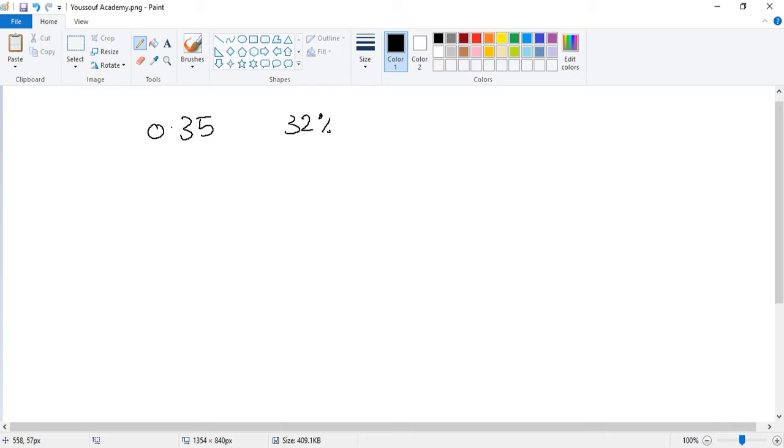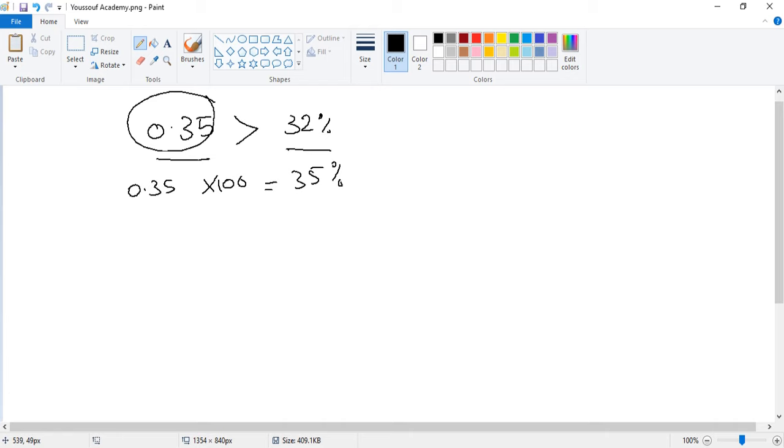Yeah, which one is larger? Which number is higher? To convert, either convert this to percentage. If you convert this to percentage, it will be 0.35 times 100. It will give us 35%. That means this number is higher than this one.